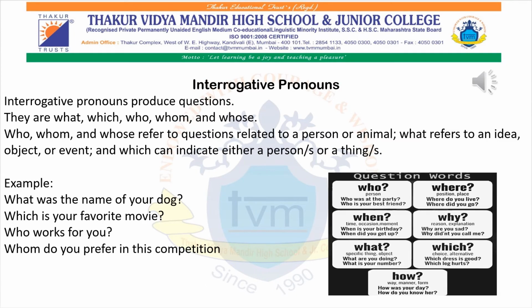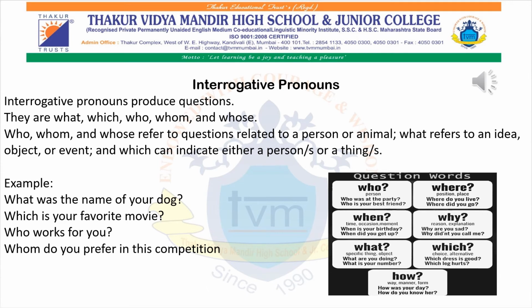Now we are going to study the last pronoun, that is the interrogative pronoun. Interrogative pronouns are pronouns that ask questions. Examples of interrogative pronouns are what, when, where, why, how, who, which, whom, whose.